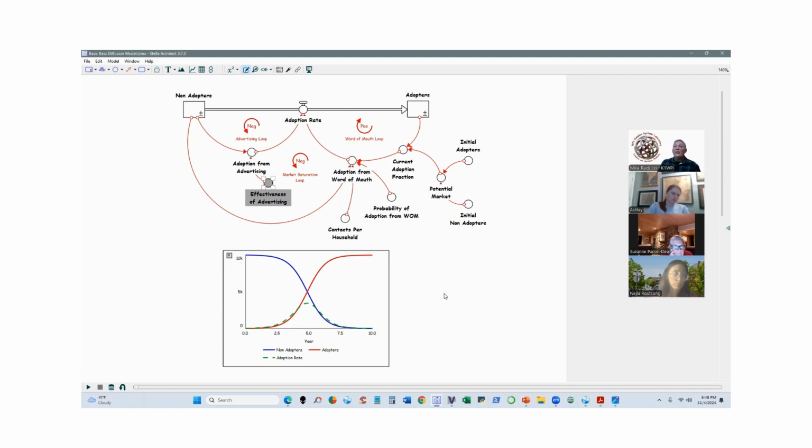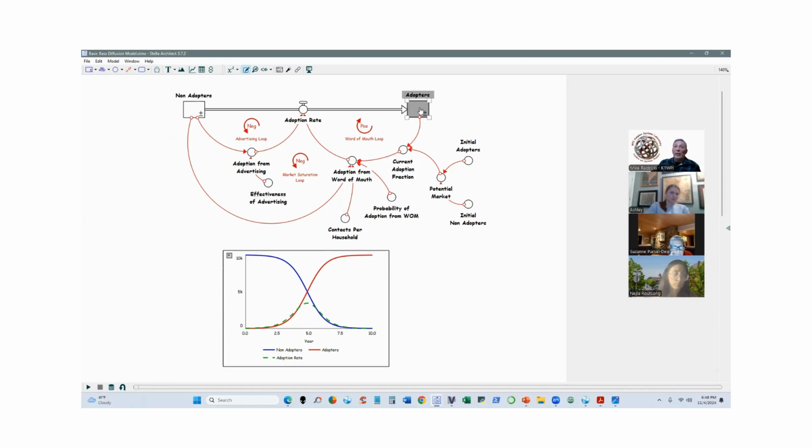And so the adoption rate is the rate at which they move from one category to the other. Now, this model is often also used to show the tricky case where this is a first order system. Even though there's two stocks, normally you count the number of stocks and that's the order of the system, right? But the stocks have to be independent of one another.